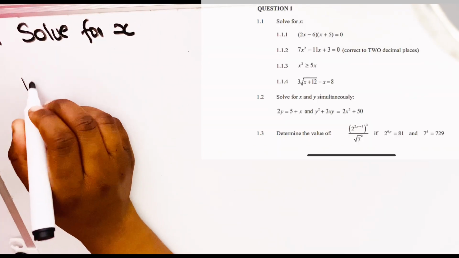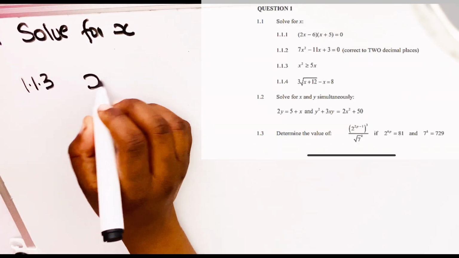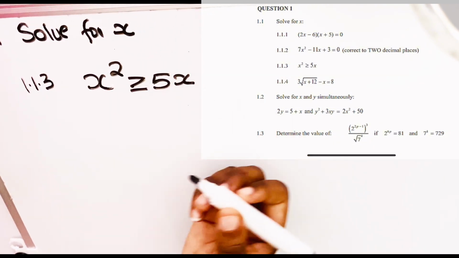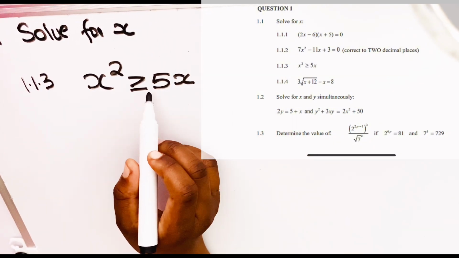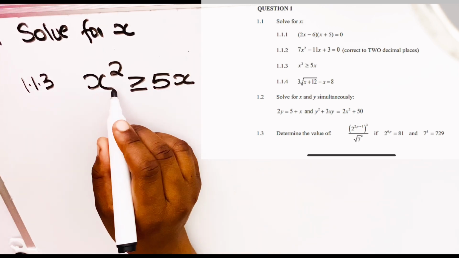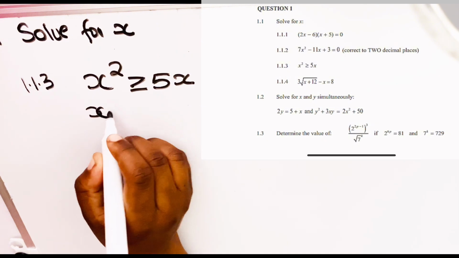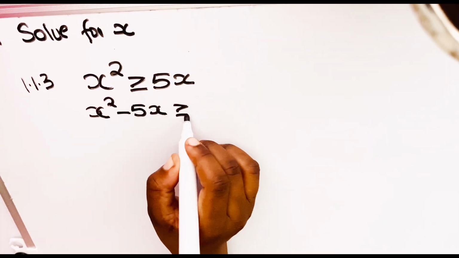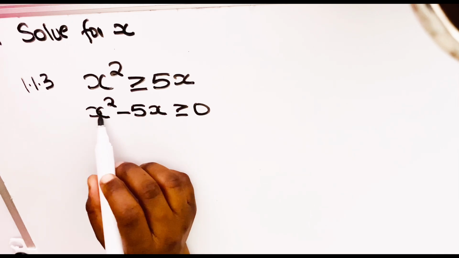Moving on to 1.1.3, we have x squared greater or equals to 5x. So these are inequalities. We need to write it in standard form first by taking the 5x to the side. So it's x squared, the 5x will become negative, greater or equals to 0. We have 2 terms.